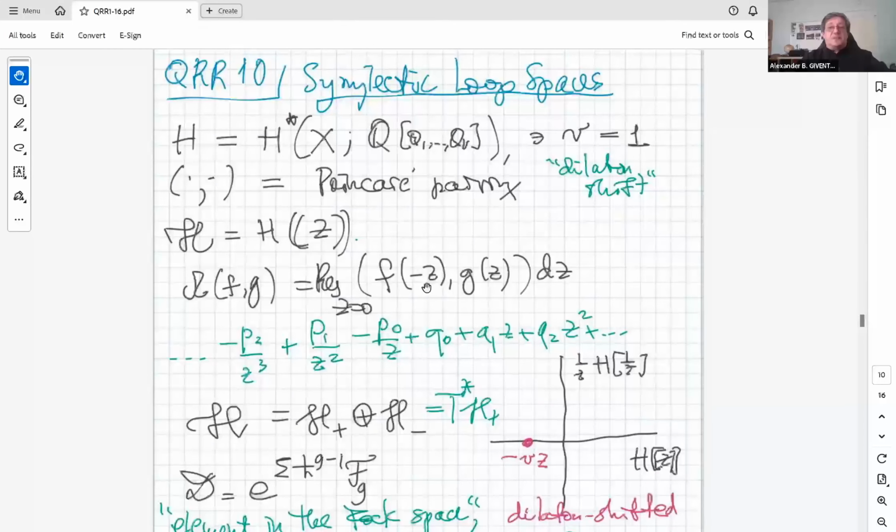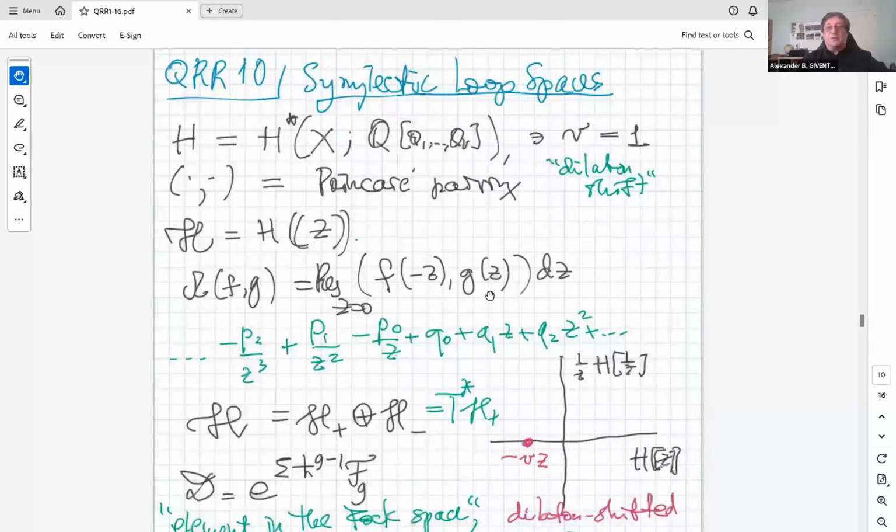Moreover, it's clear from this form of the symplectic form that the space H plus, which is power series, and the principal part of Laurent series and power series form Lagrangian subspaces. There is no pole here, and the principal parts also form a Lagrangian subspace.